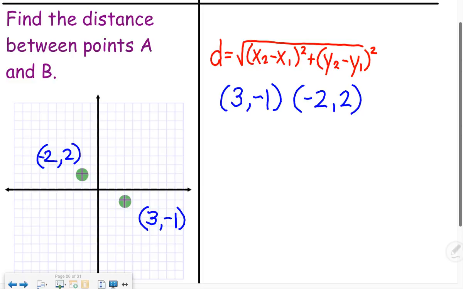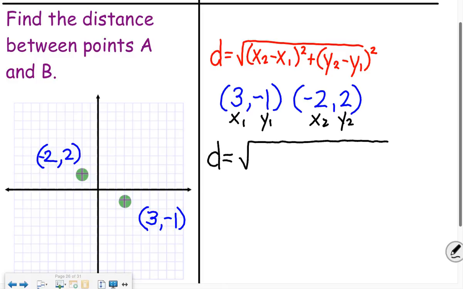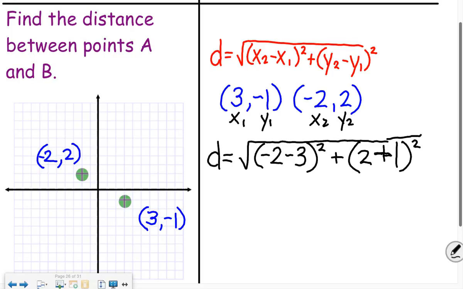My first step is going to be to label my ordered pairs, x1, y1, x2, y2, and then I can do the distance formula. So D equals the square root of x2, so -2, minus x1 squared, plus y2 is 2 minus y1, so a plus because I'm subtracting a negative, squared. Then I'll simplify my parentheses.